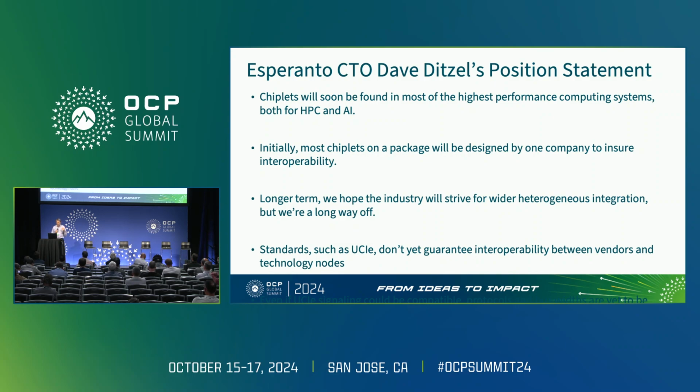That's one of the only ways to really guarantee that the chiplets will interoperate. Longer term, I do believe that the industry is doing good things towards interoperability. I've seen many of the chiplet presentations today. And if you look at the large number of people and teams they're putting together to try and solve this problem, what you have to realize is it is a huge problem.